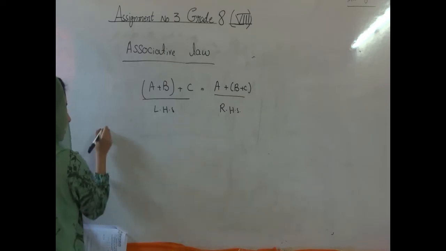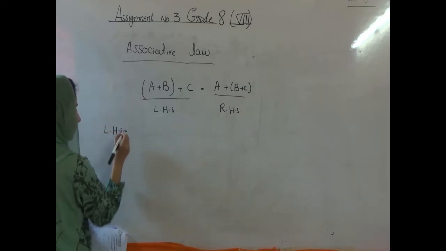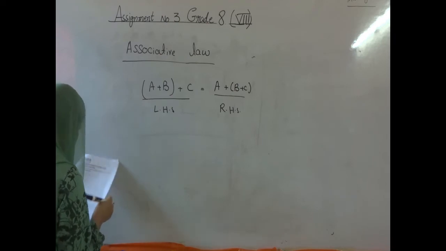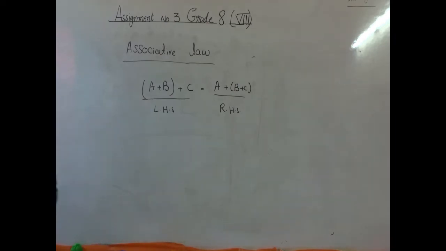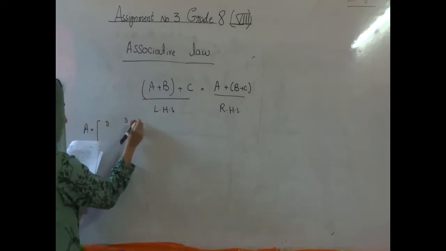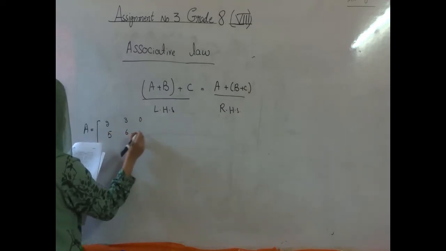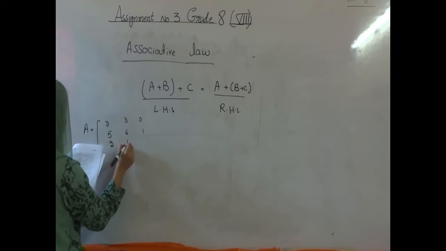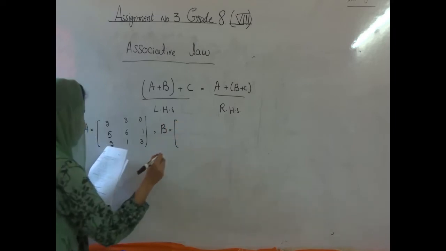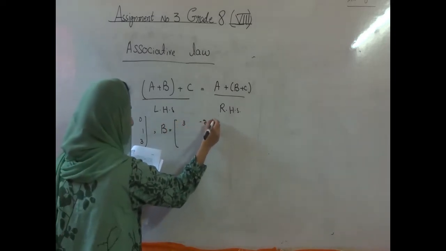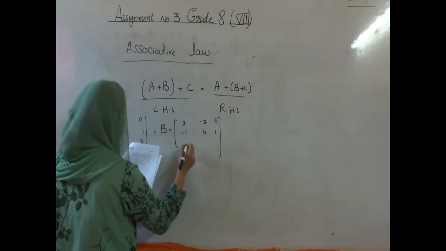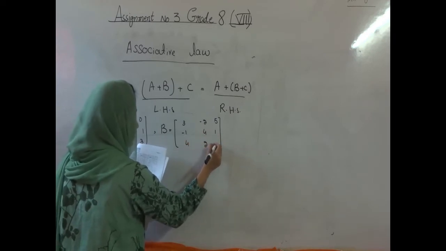So first we will take the left hand side. First write down the matrices of A, B and C. Let's suppose the given matrix A is 2, 3, 0, 5, 6, 1, 2, 1, 3, and the matrix B is 3, minus 2, 5, minus 1, 4, 1, 4, 2, minus 4.